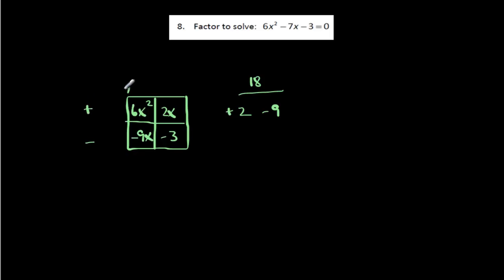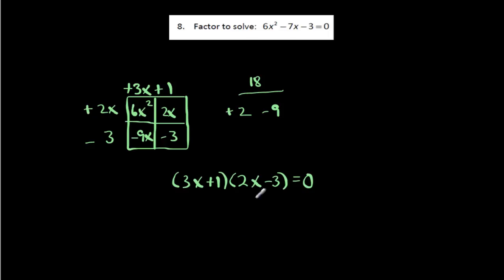Negative, positive, positive, positive. This factors out to a 3, 2x, 3x, and 1. So we're going to have 3x plus 1 times 2x minus 3. This gives me a 0 of negative 1/3. This gives me a 0 of 3 halves, and that's it.